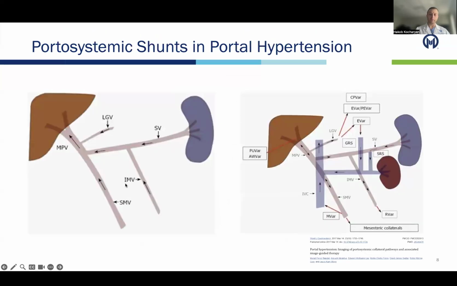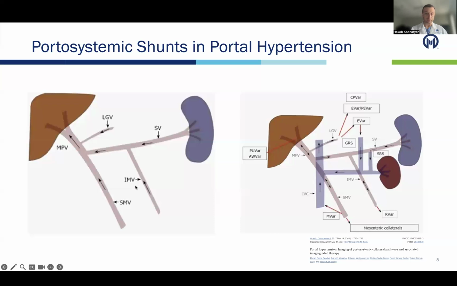Talking about variceal bleeding, let's review some basic anatomy of this. On the left-hand side, you see the graphic representation of the portal vein. The main portal vein is formed by two large veins, the splenic vein and superior mesenteric vein. Some smaller veins, left gastric vein, inferior mesenteric vein, are also contributing to the portal flow.